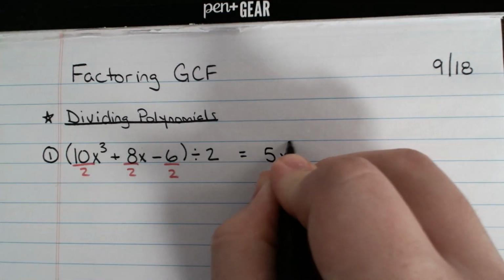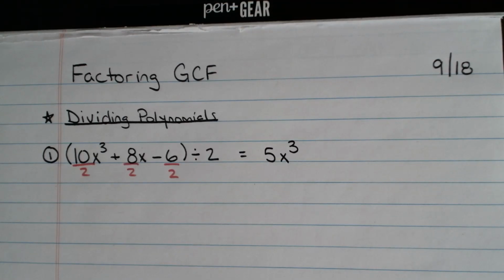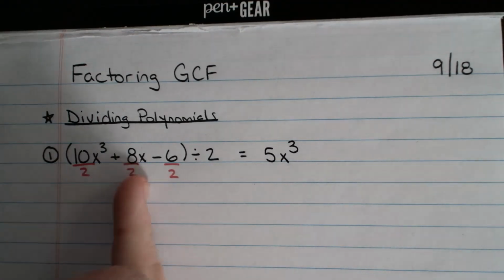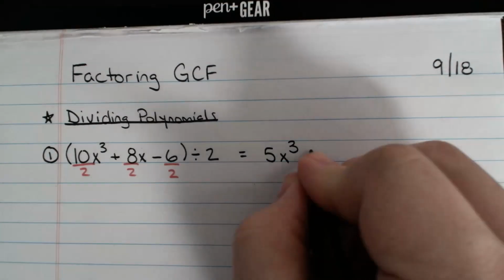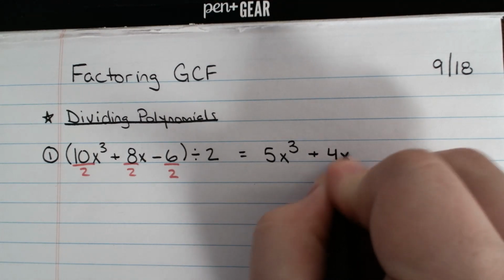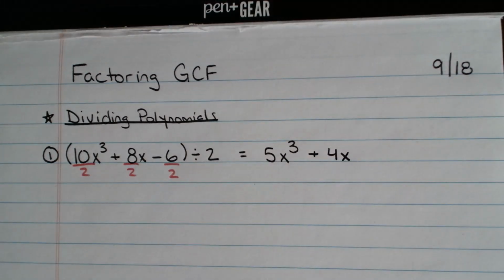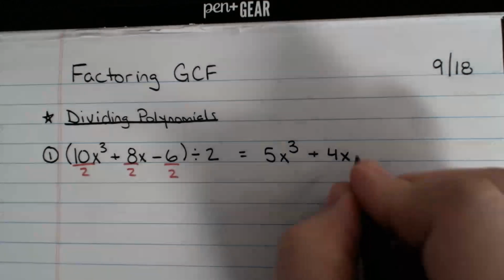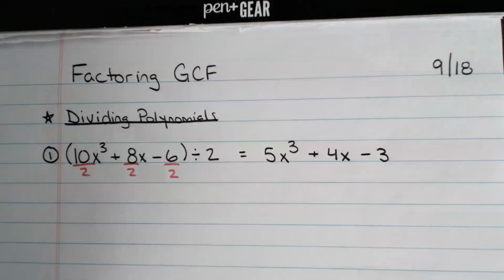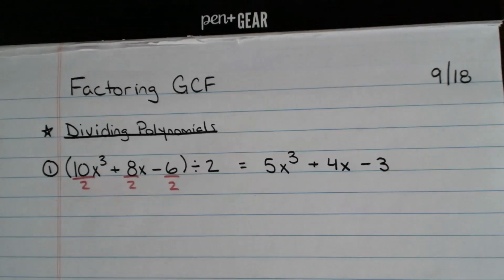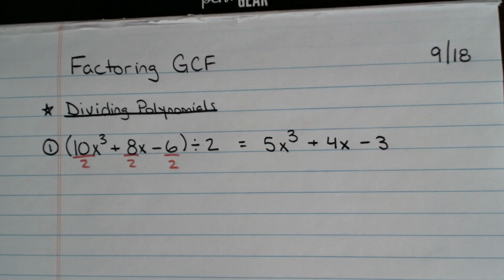Bring on over the x cubed. 8x divided by 2 is 4x. -6 divided by 2 is -3. So our final answer for dividing this is 5x cubed plus 4x minus 3.